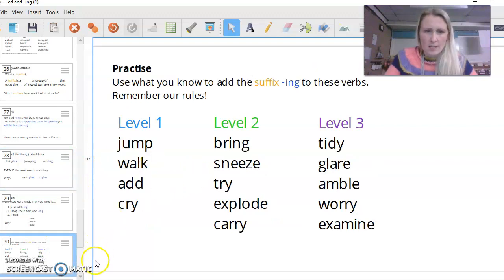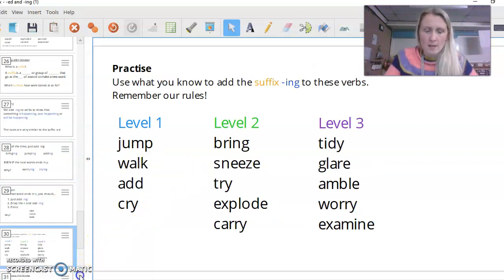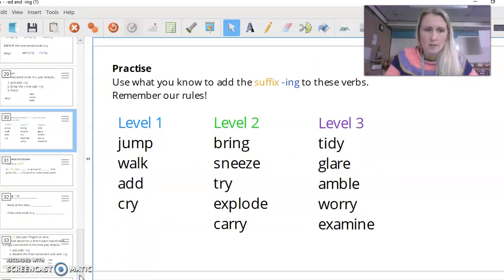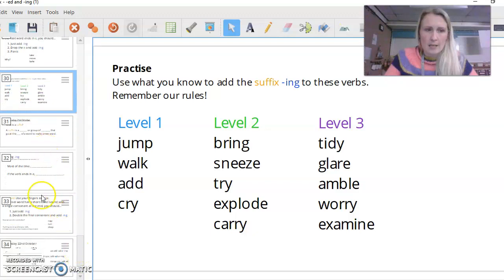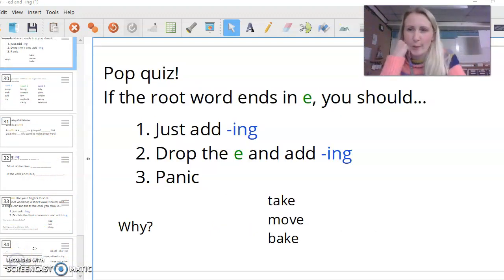We're not going to do this now because you have already done this and I don't want us to do it again. Okay, let's just do this quiz now. If the root ends in E, you need to think of these questions now. You need to just add ing, you need to drop the E and add ing, or you need to panic.